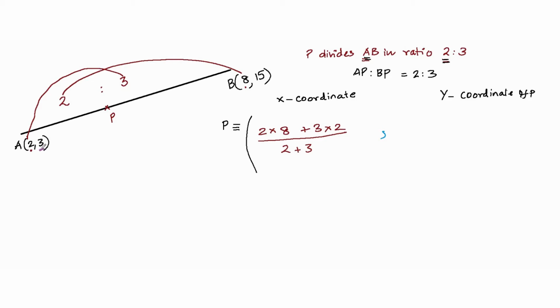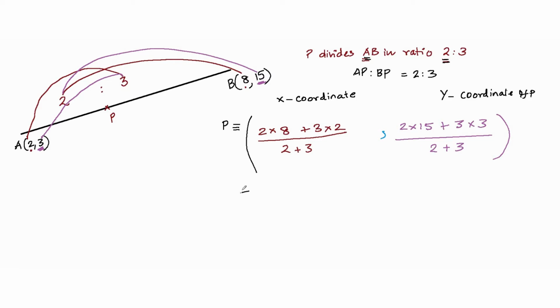The y coordinate of A is 3 and the y coordinate of B is 15. So the y coordinate of P is going to be 2 multiplied by 15 plus 3 multiplied by 3, divided by 2 plus 3.